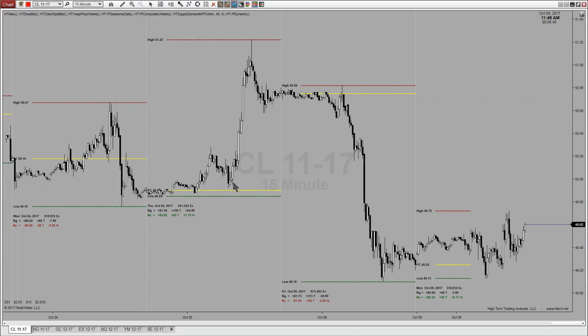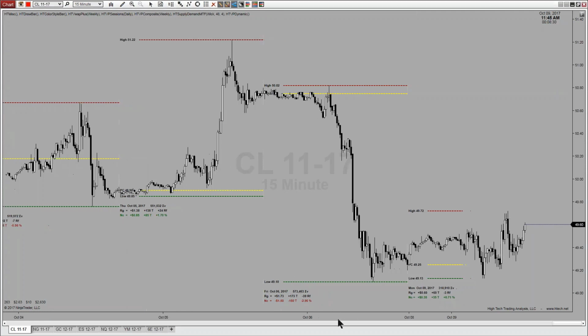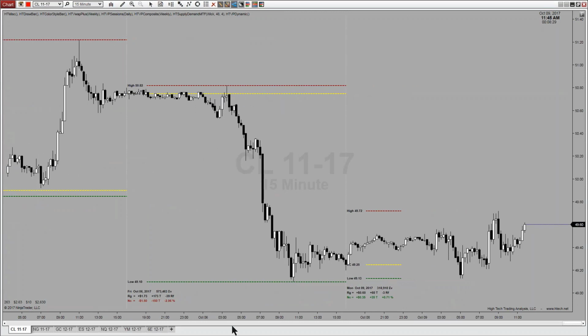Now, what does that mean? Well, that means that we're tracking the volume traded at, let's open this up and let's look at this day. We had a low, we had a high, we had a total volume of 573,000 plus or minus, right?